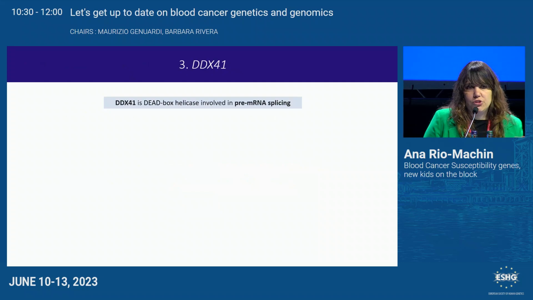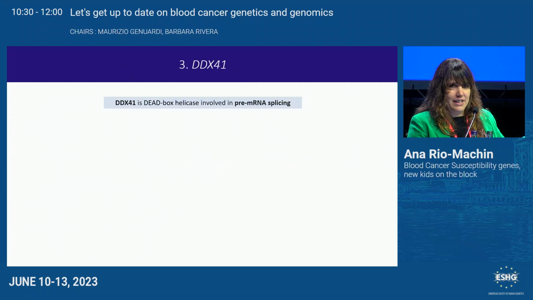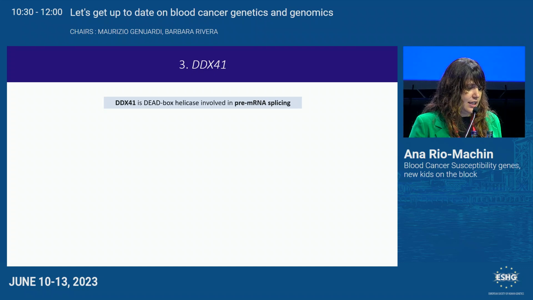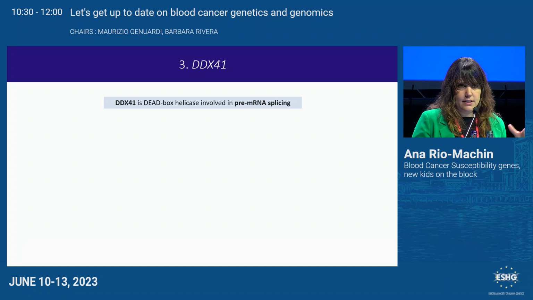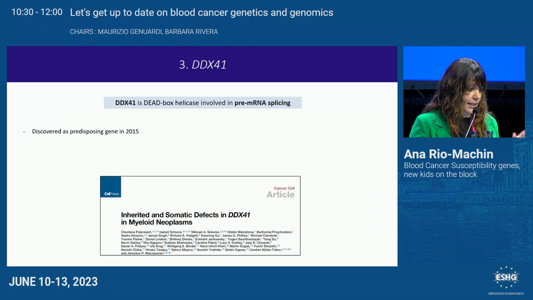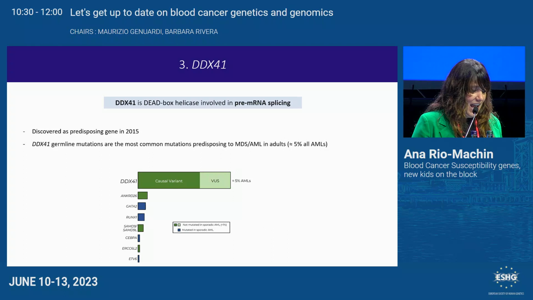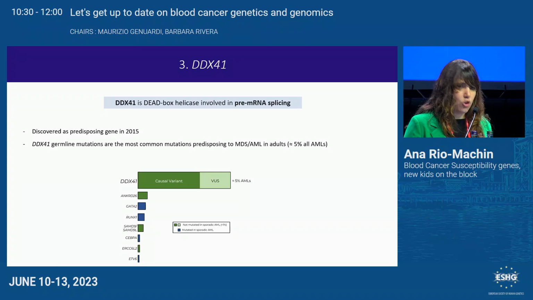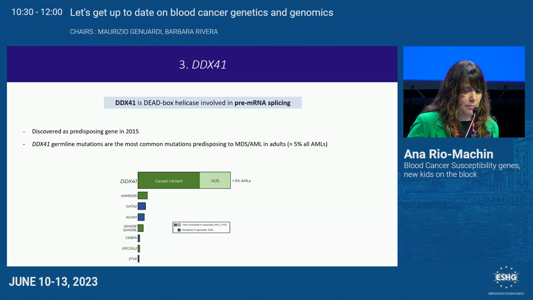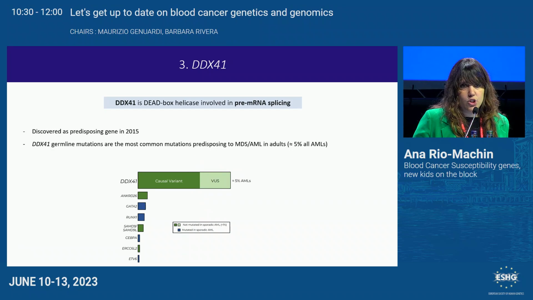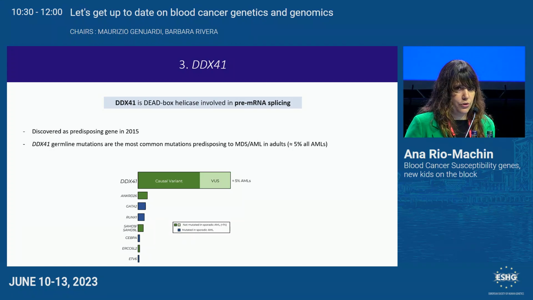And then finally, I just wanted to mention DDX41 because it's important for the rest of my talk, but also because I wanted to fix some concepts. It was discovered in 2015, so very recently, but now, as I said before, germline DDX41 variants are the most common mutations predisposing to MDS-AML. It's important to highlight that 1/3 of these variants are VUS, so it's very challenging to work with these patients, as James has presented before, and we don't know exactly what to do.